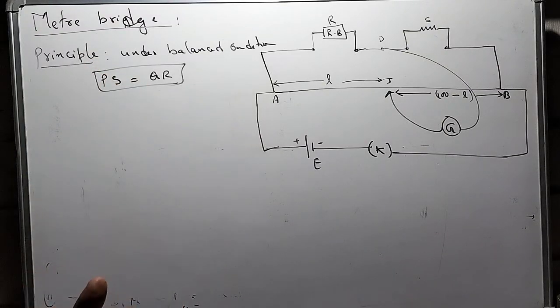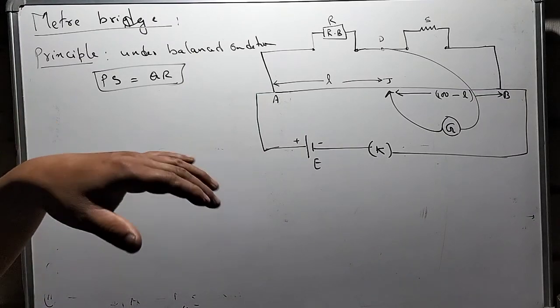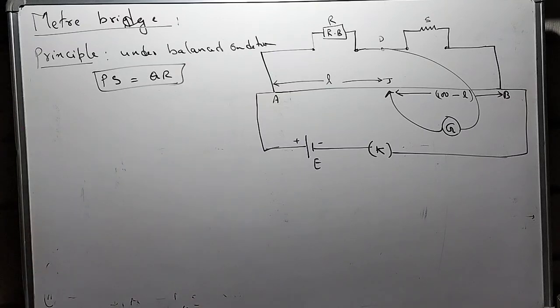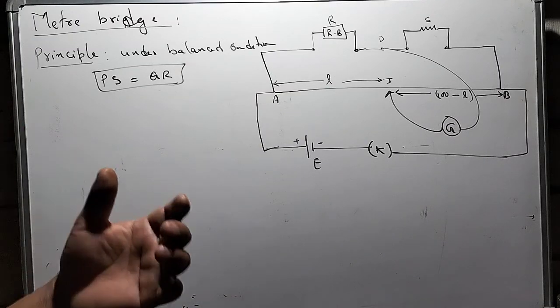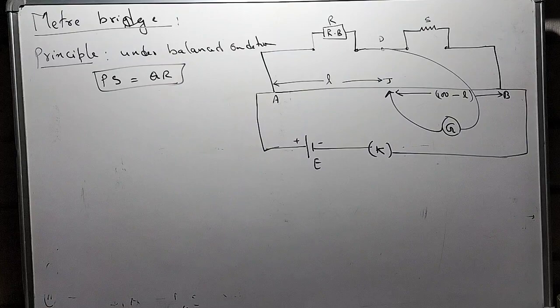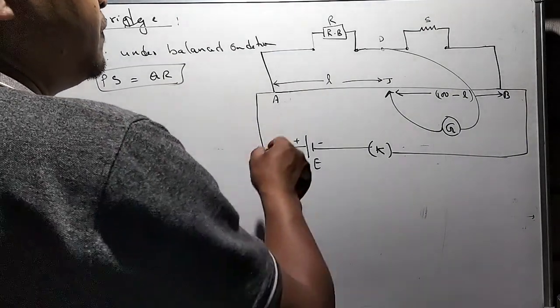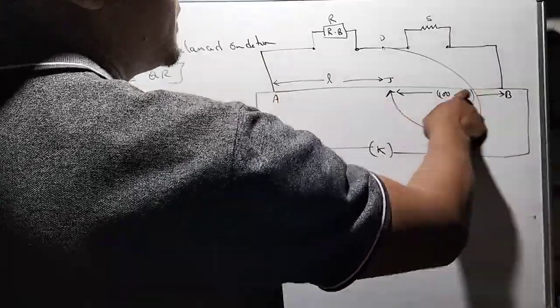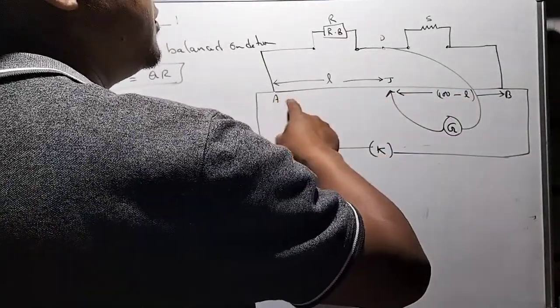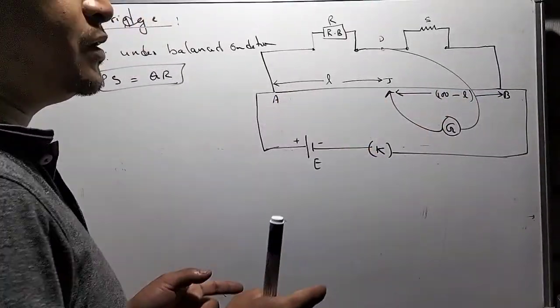Now, before we discuss in detail the application of this meter bridge to find the unknown resistance, let me explain to you the construction of this meter bridge. In this meter bridge, this is a wire AB, and the length of this wire AB is actually 1 meter.